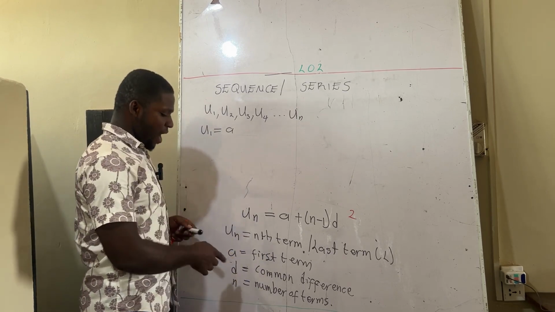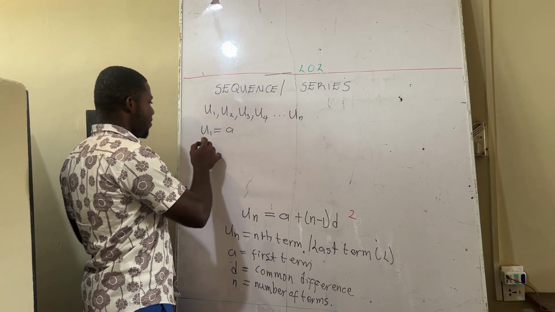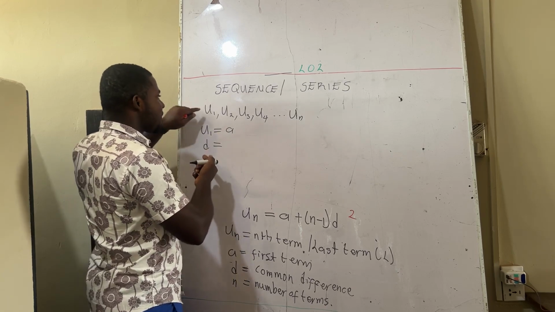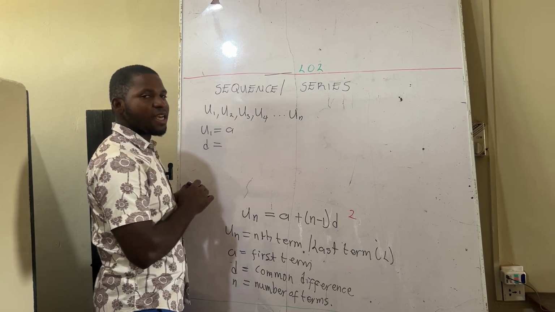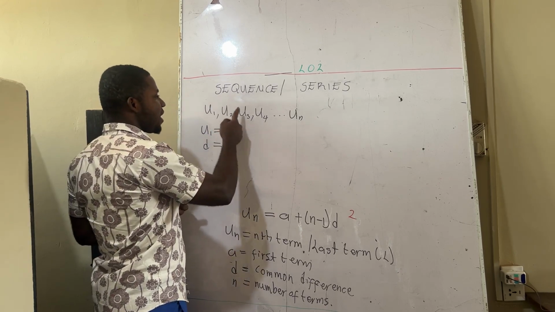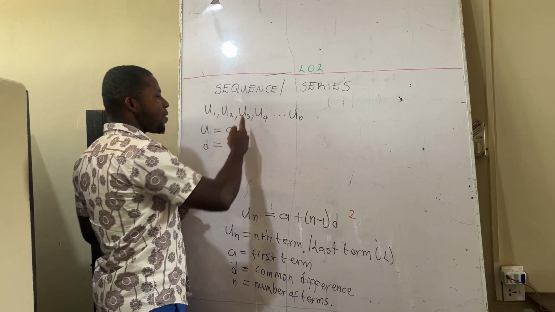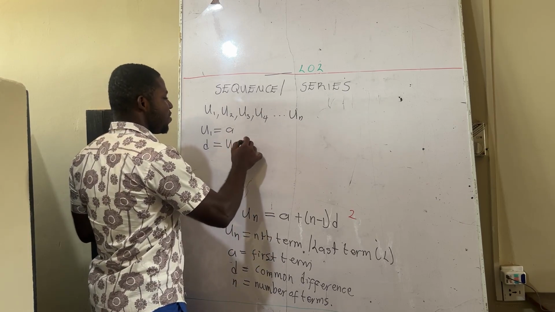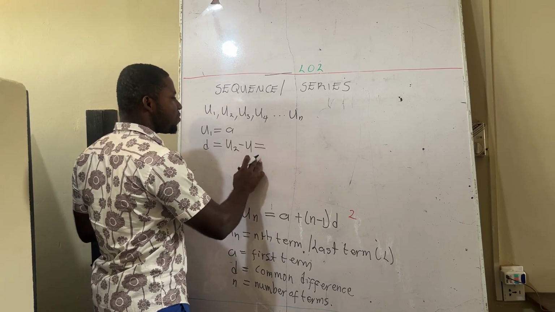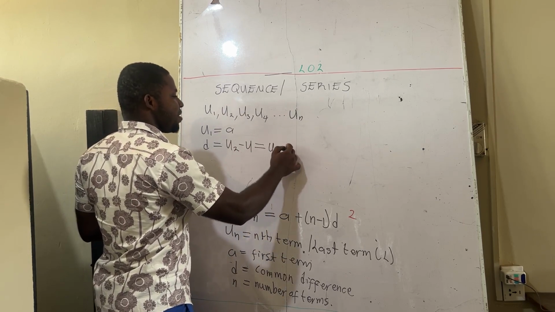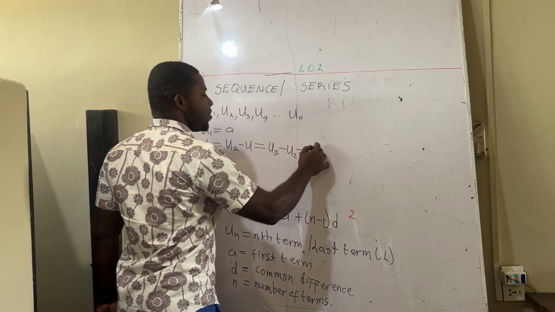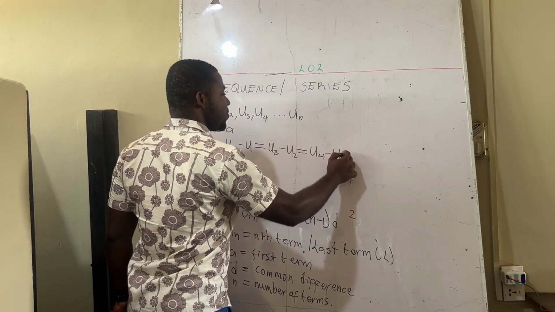Let's look at how to find the common difference. The common difference, d, is equal to the second term minus the first term, or the third term minus the second term, or the fourth term minus the third term. So we can say that U2 minus U1 is equal to U3 minus U2, which is equal to U4 minus U3.